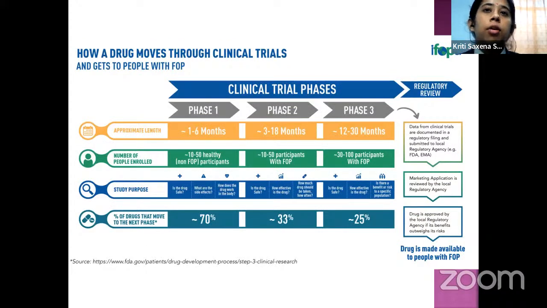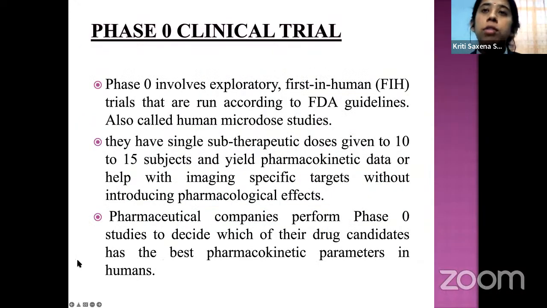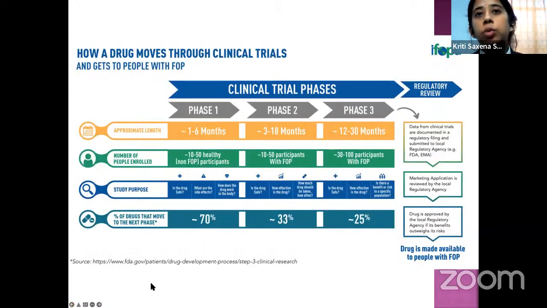It is a summary of all the phases of the trials: the approximate time that each takes, the number of participants each involves, the study purposes, and the number of drugs that go for the trials. Here 70%, 33%, and 25% is the significance that, for example, if we have 100 molecules for the same effect, then they get reduced in each and every phase, because not all molecules show their effect and not all molecules get published.